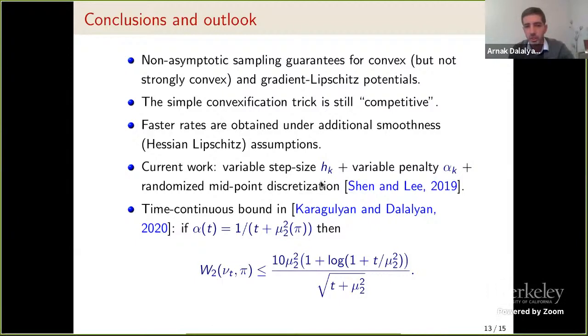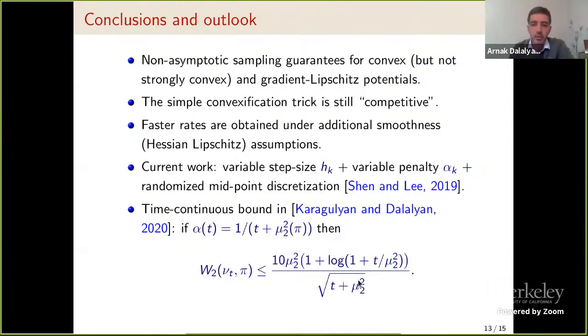The first step that we did in this direction was in a paper written with Avetik Karagulyan and published in NeurIPS last year, where we considered the continuous time process with variable penalty level alpha t, and we have proved that if we choose this alpha t as, morally, inversely proportional to t, then the W2 distance becomes inversely proportional to square root of t.